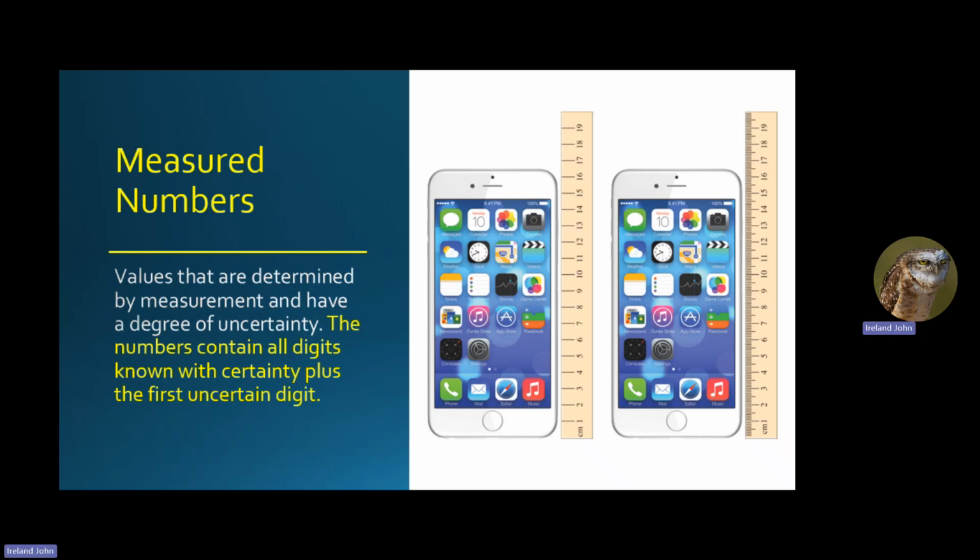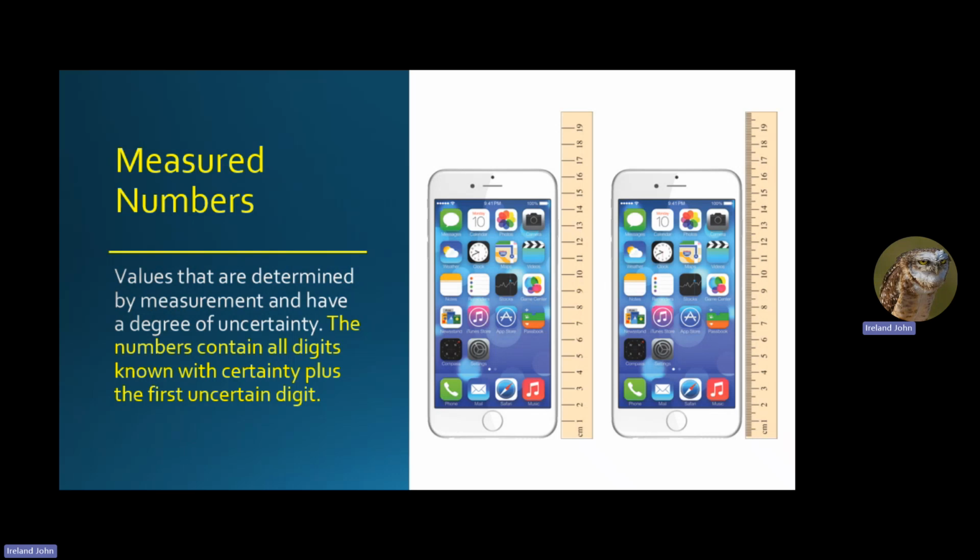But that amount, using the first, I'm not looking at the second ruler, I'm only looking at the first, that amount more than 16 is a guess, right? I'm saying, well, it's 16.4-ish, right? The 16 is accurate. That is certain. The 0.4 is the uncertainty. And that's what measured values are. They are all the digits of a measurement you are certain about, plus the first digit you are uncertain about.